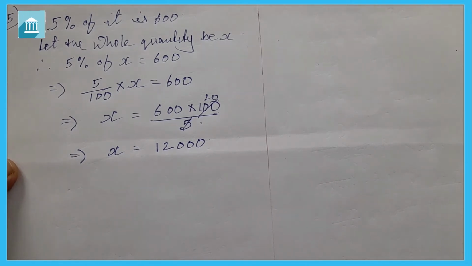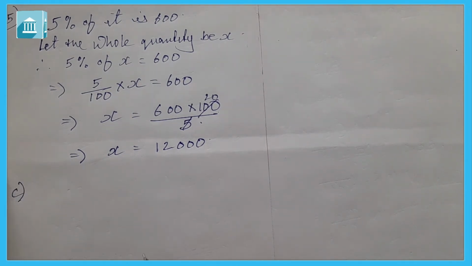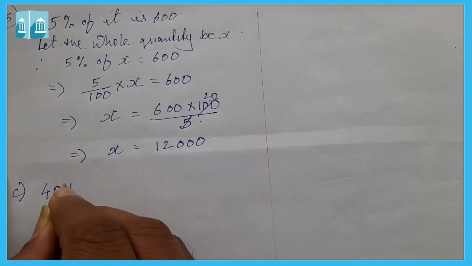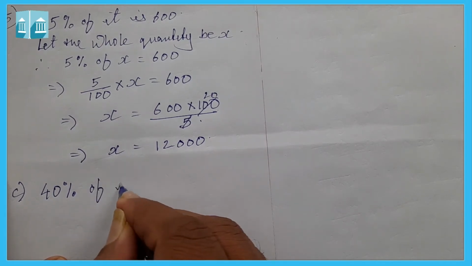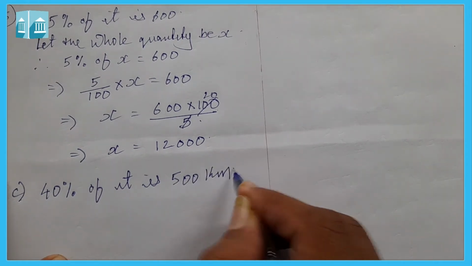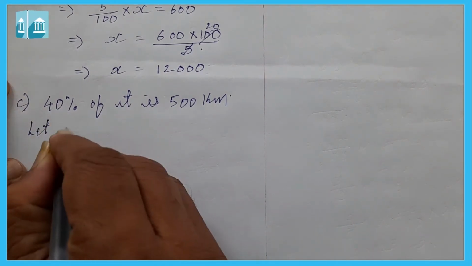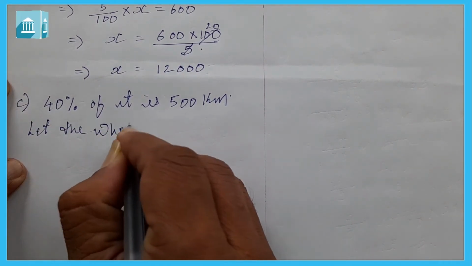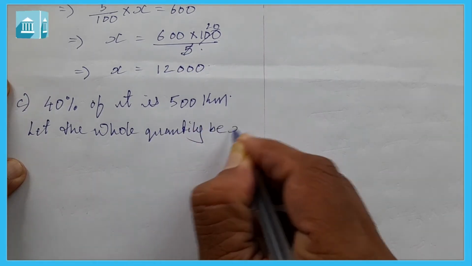In the same way, let us do question number C here. C is 40% of it is 500 kilometer. Now let the whole quantity be x.